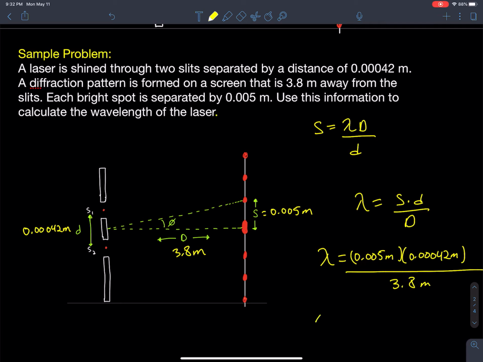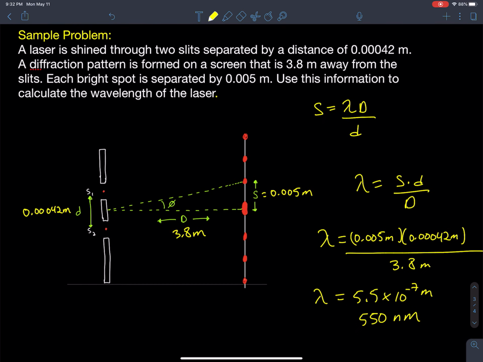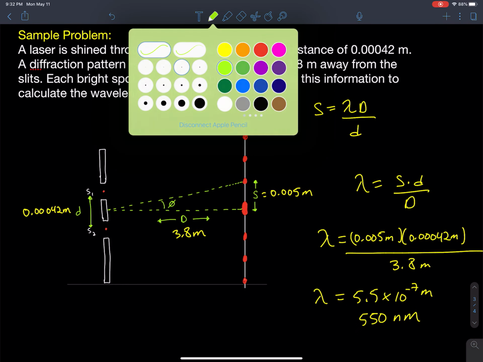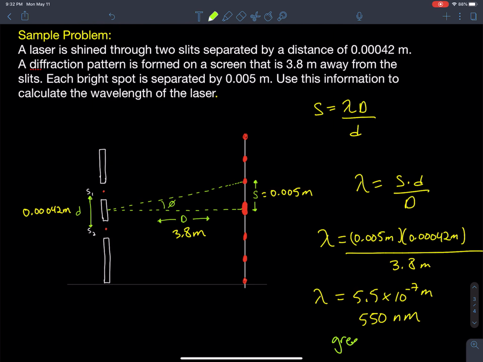And that would give me my wavelength of 5.5 times 10 to the minus 7 meters, which is equal to 550 nanometers, which is a green laser. Those blinding green lasers are around 550 nanometers. And that's how you would apply this Young's double slit equation.